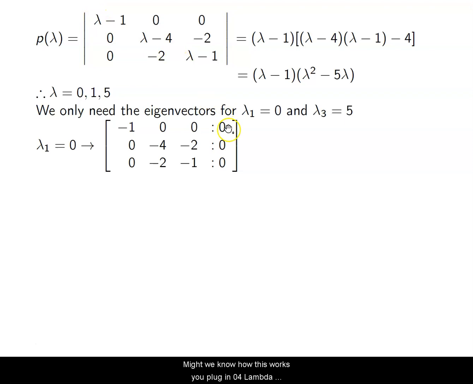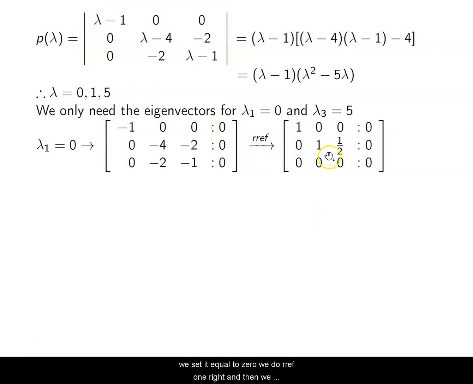We plug in 0 for lambda, we set it equal to 0, we do our RREF form, and then we see what our vector is going to be here. It should be a dependent system, and so we can pull out our location very easily.